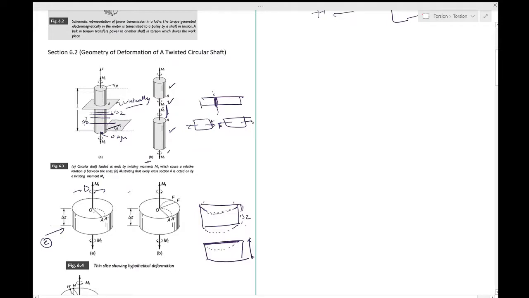This would happen because this surface and this surface are the same. So if this is dipping, this is coming in, so this must also come in, and this cannot happen because you will not be able to fit in all these pieces.